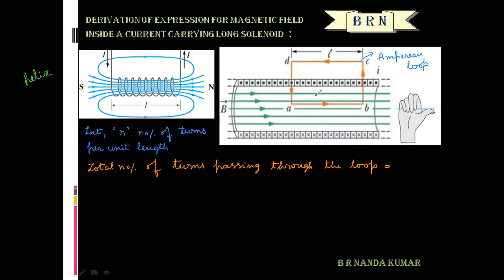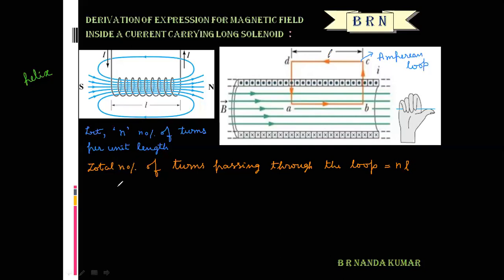So total number of turns passing through the Amperian loop ABCD, that is number of turns per unit length into the length of the loop. Okay, so n into L gives total number of turns passing through the loop.